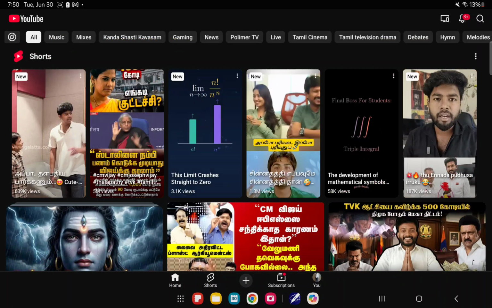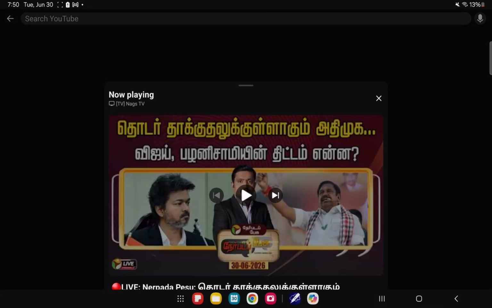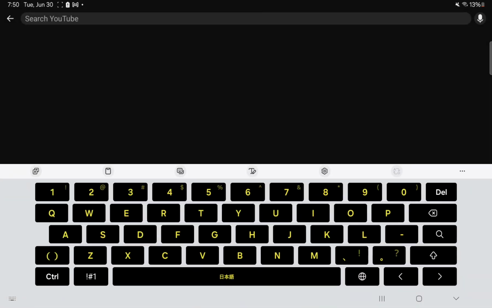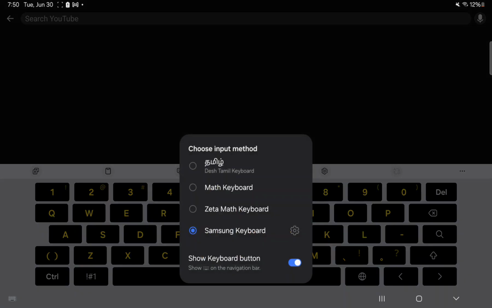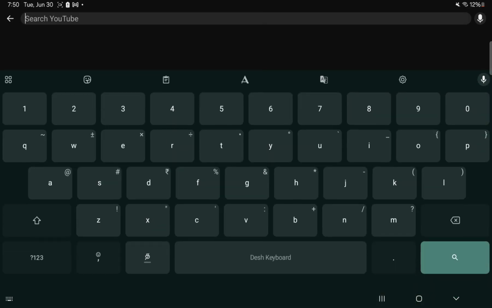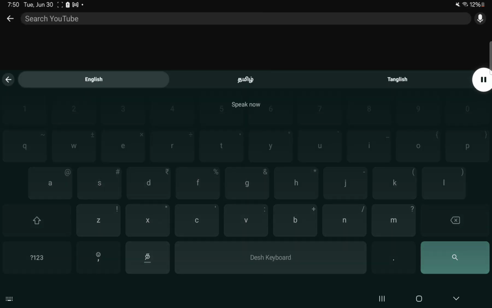Move this bar. Go to the search. When you're voice typing, I have to say black screen.